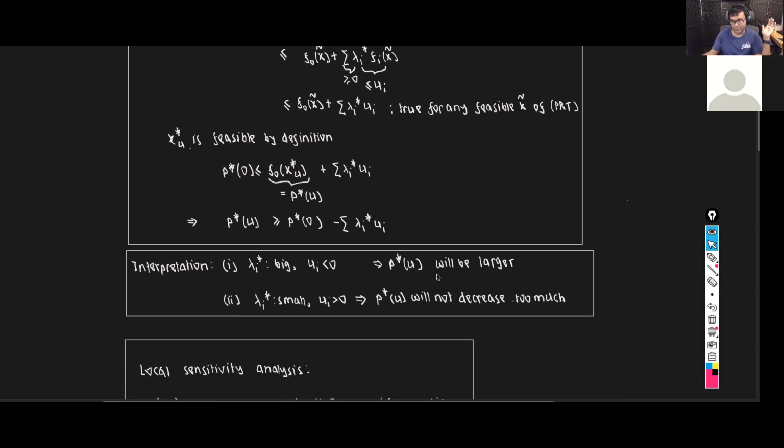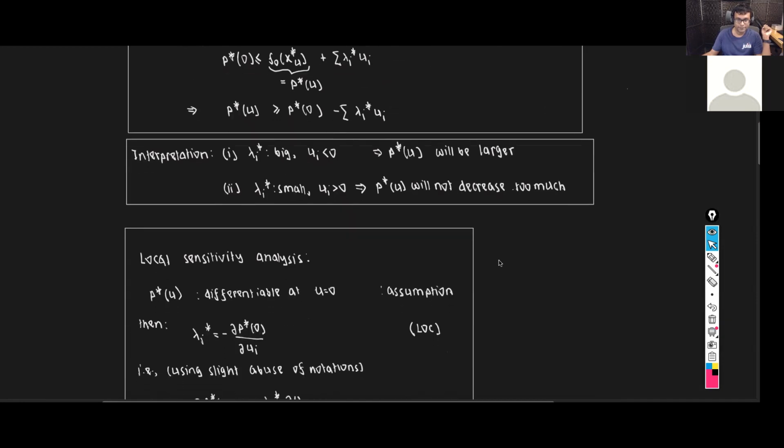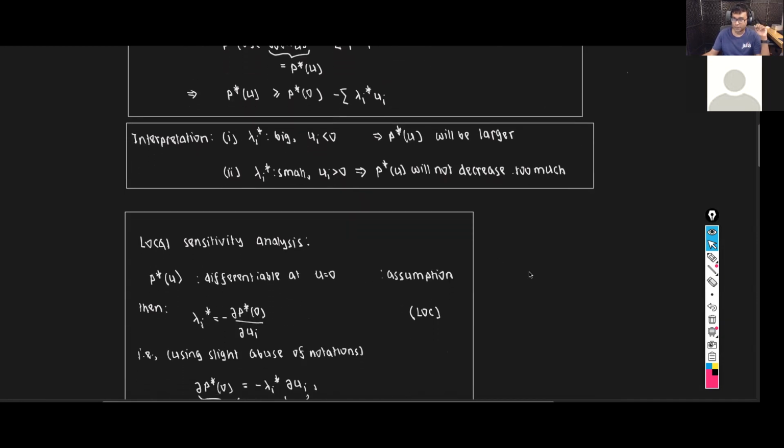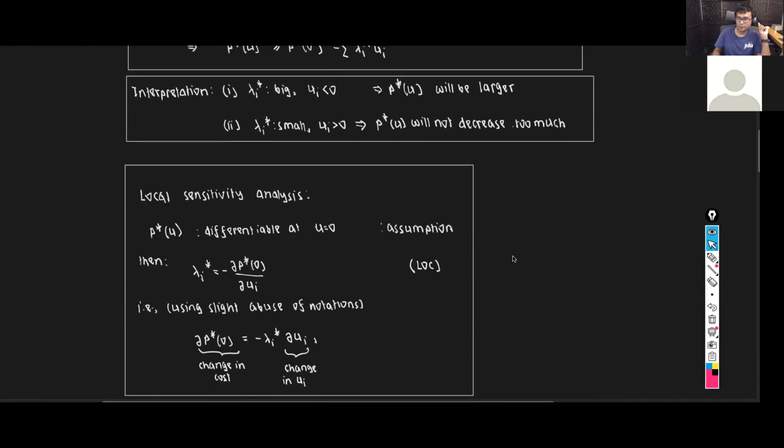The local sensitivity analysis tells us that if your perturbation is very small, then we have something neater. We will make the assumption that p star u is differentiable around u equal to 0. Keep this assumption in mind.